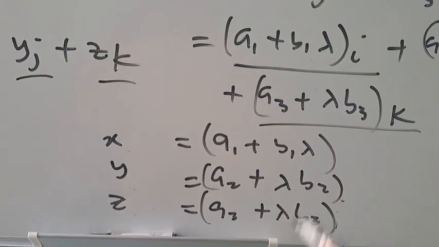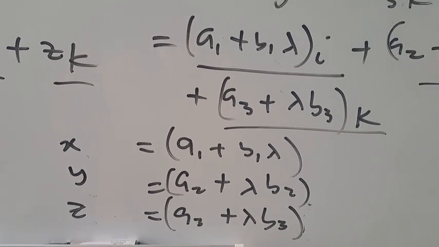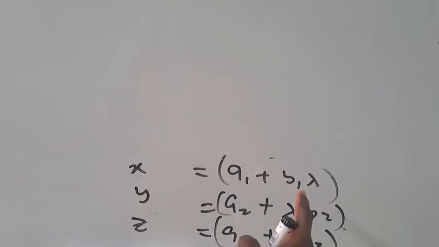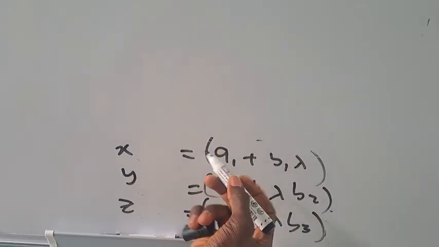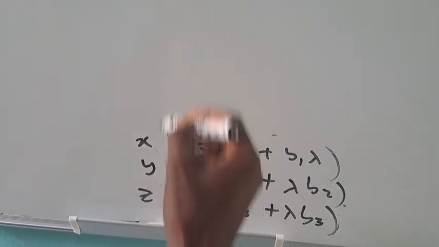The next thing we are going to do is to make lambda the subject of the formula. From here, let's make lambda the subject. This a1 will come to the x side.